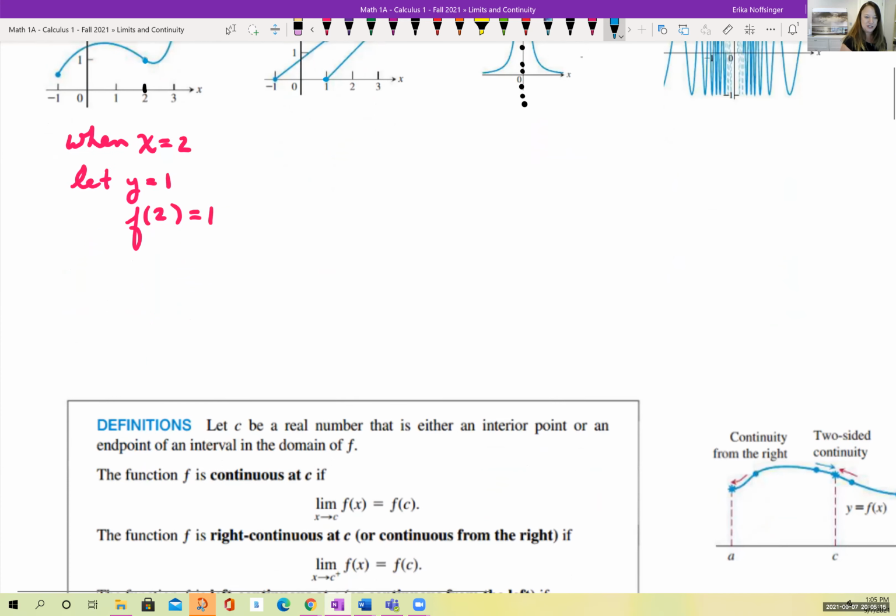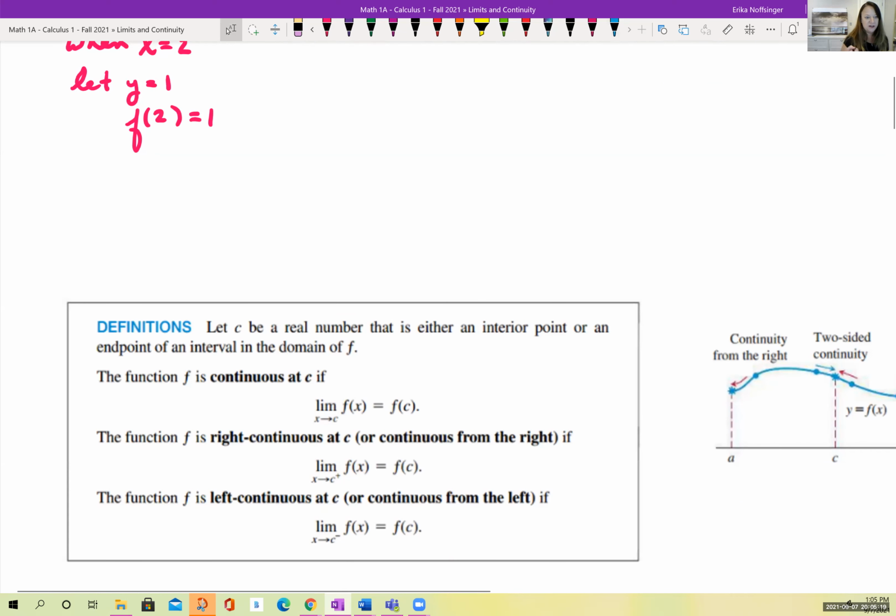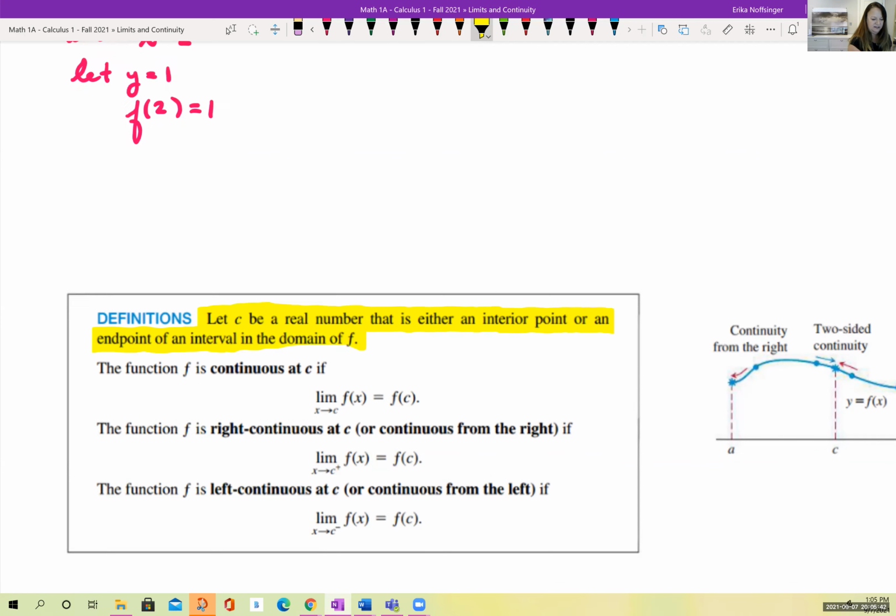So let's just go through what it means to be continuous and the definition. Well, in order for something to be continuous, first of all, we have to think about the domain of our function. So just be aware of that while we're talking about this. The following says, let c be a real number that is either an interior point or an endpoint on an interval in the domain of f.